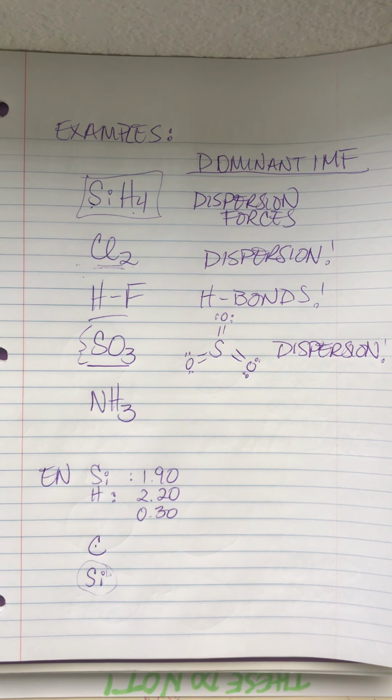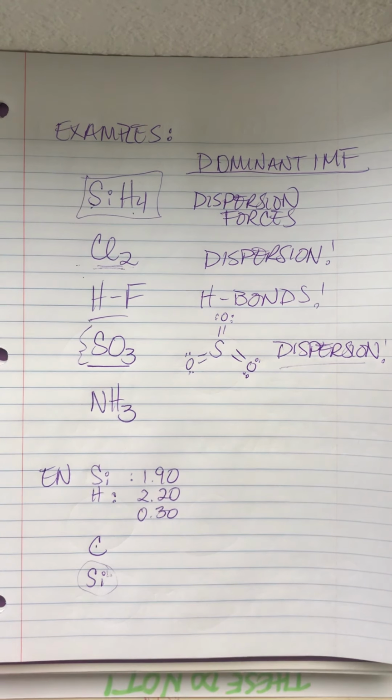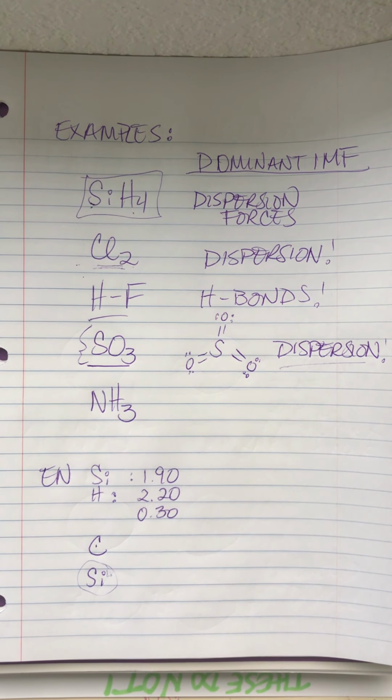So it's nonpolar. Why? Because it is symmetric. Anytime you have a symmetric molecule, meaning there's no lone pairs and all of the attached atoms are the same, it is nonpolar. If it's nonpolar, then it only has dispersion forces, right?